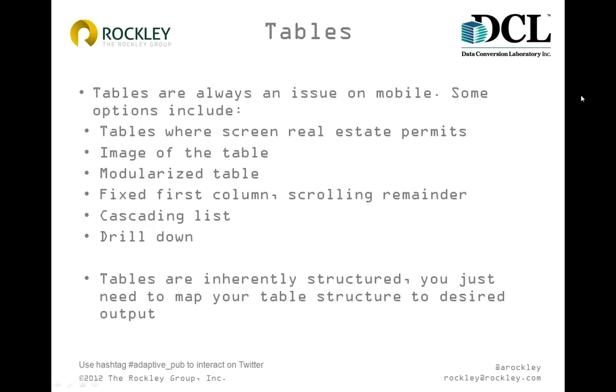So it detects that it is being viewed on a particular device, and it says, in this situation, I'm not going to show the regular table, I'm going to show an image of the table instead. And in that way, people can zoom in and take a look at it.